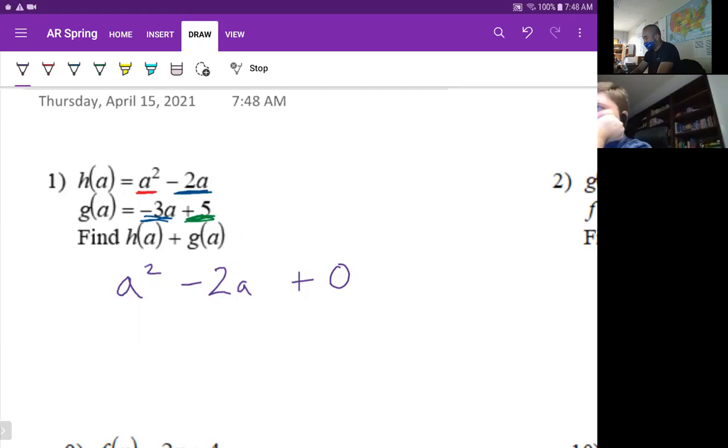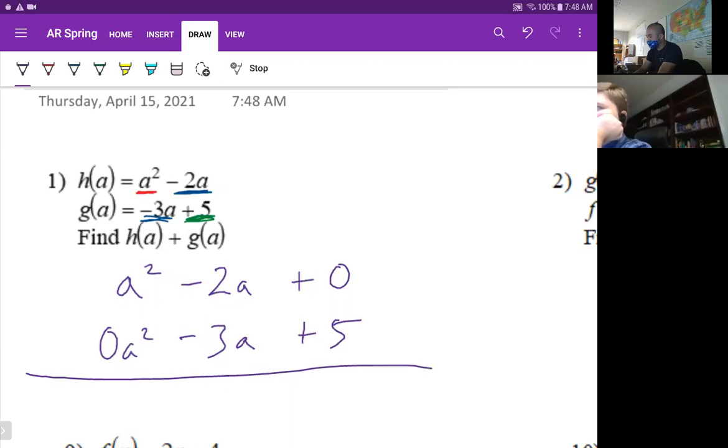So on the bottom here, there's not an a squared term. But there's a minus 3a, and there's a plus 5. So when you do this, on this one you're adding, because that one has a plus sign. So you're adding all of this. So none of the signs change.